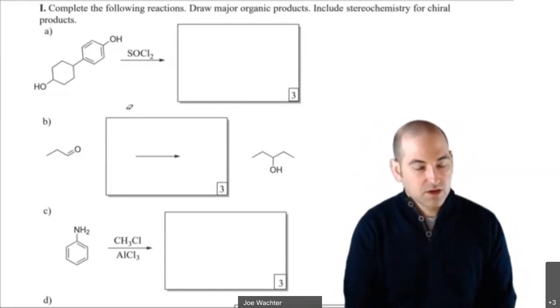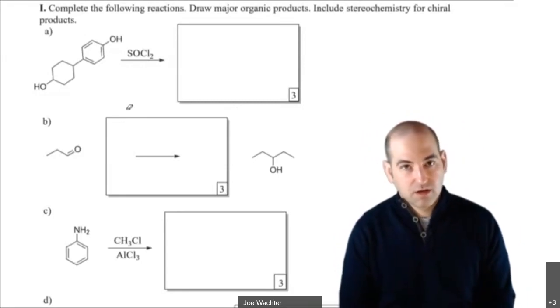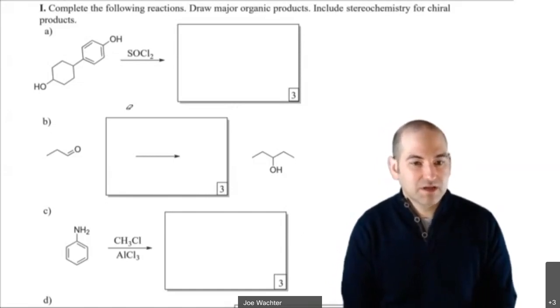Like you could oxidize an OH and make it a ketone or an aldehyde. You could reduce a double bond with palladium. You can reduce a ketone with that too, but there's another change that's happening here that you're not seeing.